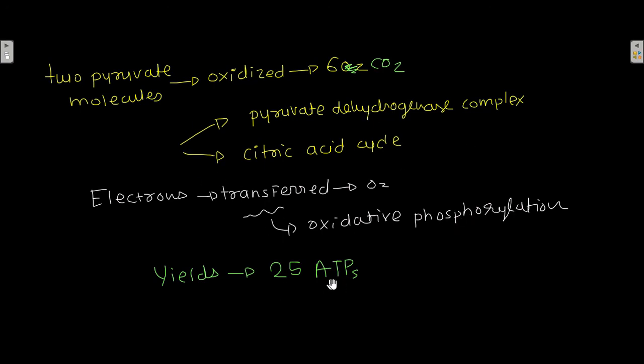So 2 pyruvate molecules give 25 ATPs via the pyruvate dehydrogenase complex, citric acid cycle, and oxidative phosphorylation. These 3 processes convert these 2 pyruvate molecules into 25 ATPs. That is the point.